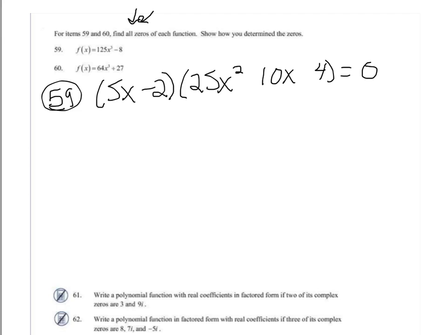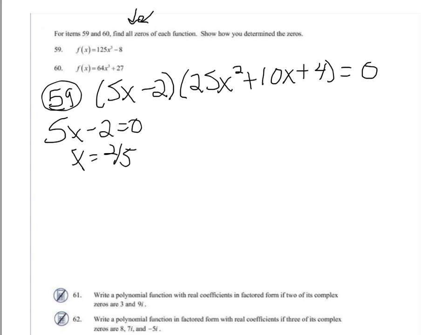Therefore, you wouldn't be able to see them on your graph, and it really would just be a waste of time because the only zero you're going to see on your graph is 2/5. But we need all zeros, so we also need to include the imaginary ones.